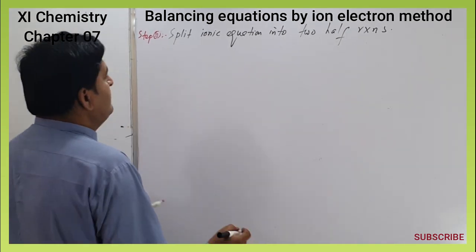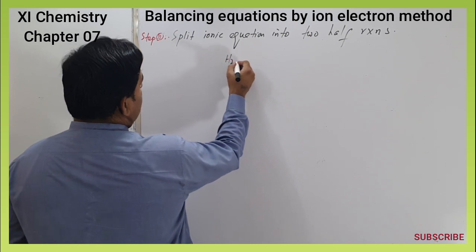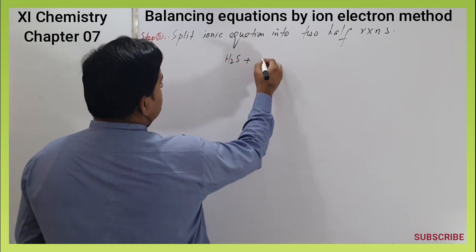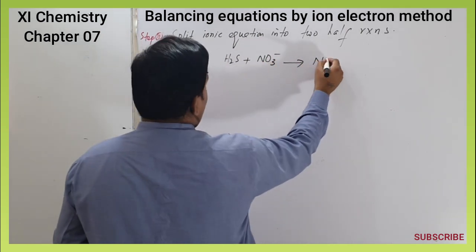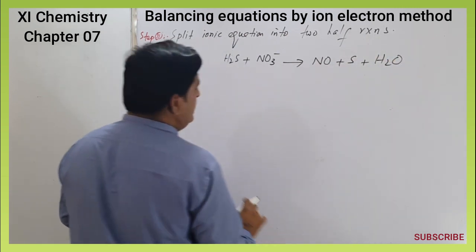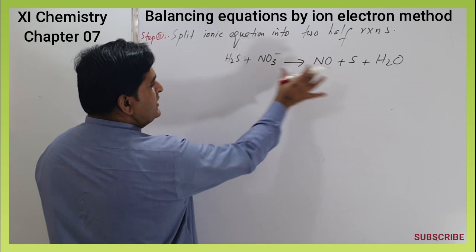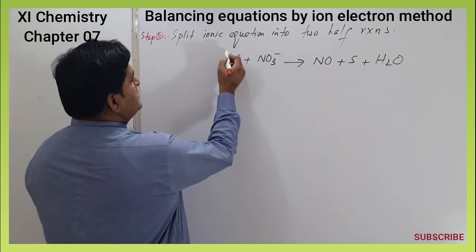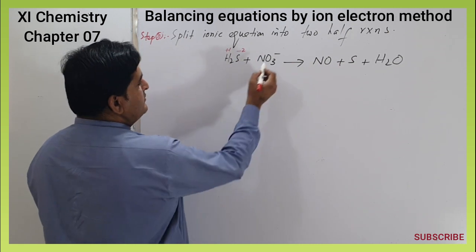For example, consider H2S plus nitrate ion, and the products are NO, sulfur plus water. If we have this equation, we write the oxidation numbers in both reactants and products. Hydrogen will be +1 as it is bonded to a non-metal, sulfur will be -2.